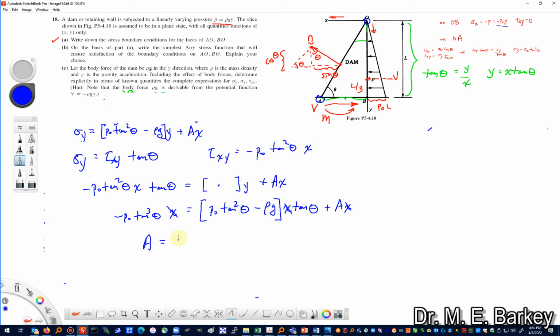We're bringing it to the other side, so that'd be a minus 2 p naught tangent cubed theta plus a rho g tangent theta.